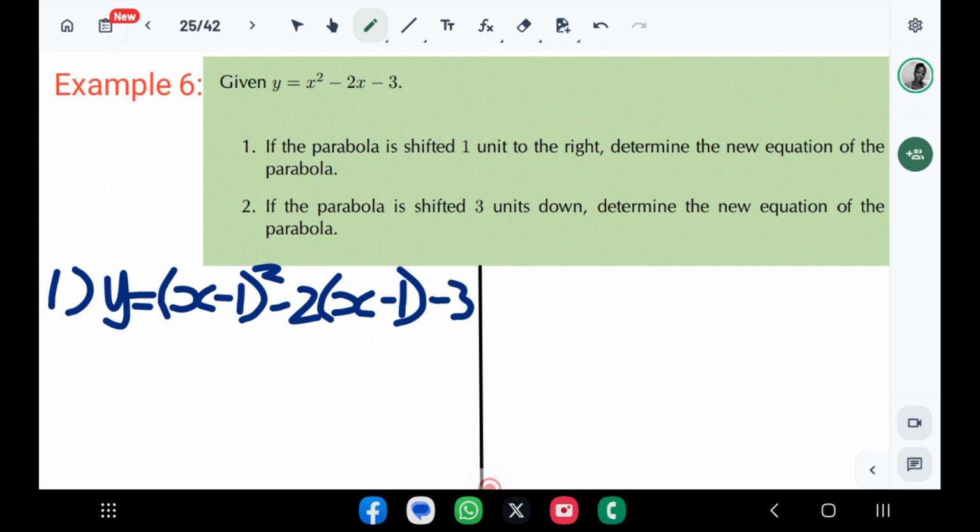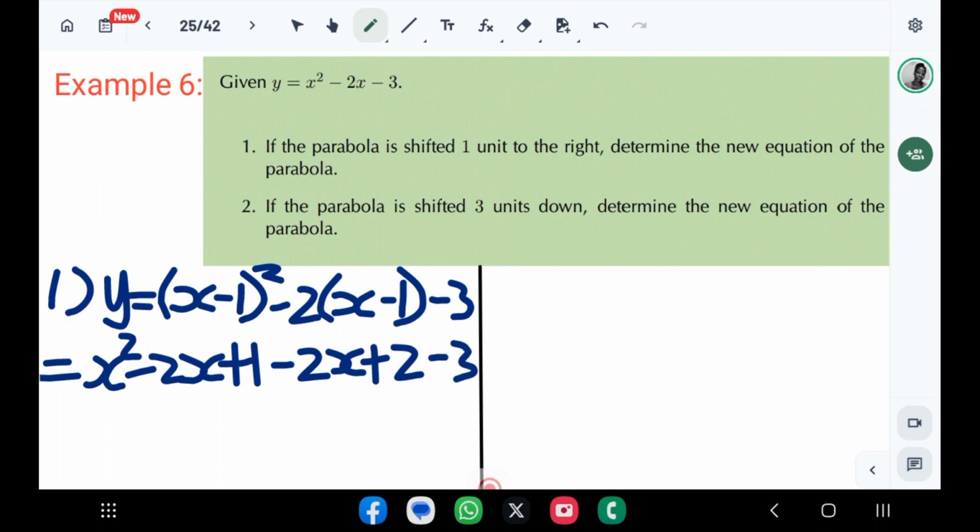Now you multiply out. X minus 1 all squared is x squared minus 2x plus 1. Then minus 2x plus 2. Then you've got minus 3. Add like terms: x squared, minus 2x minus 2x is minus 4x. 1 plus 2 is 3. 3 minus 3 is 0, so that is your final equation there.